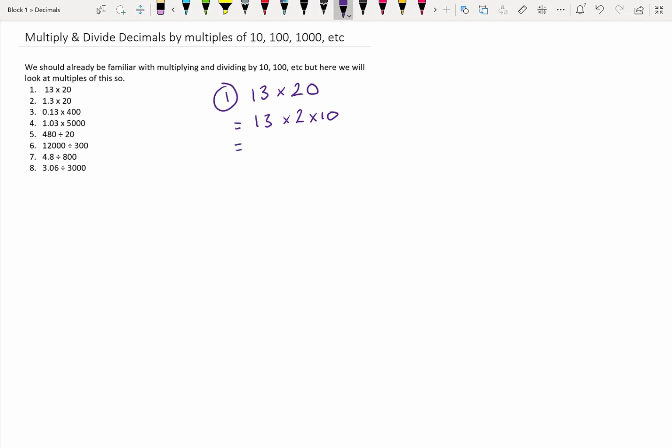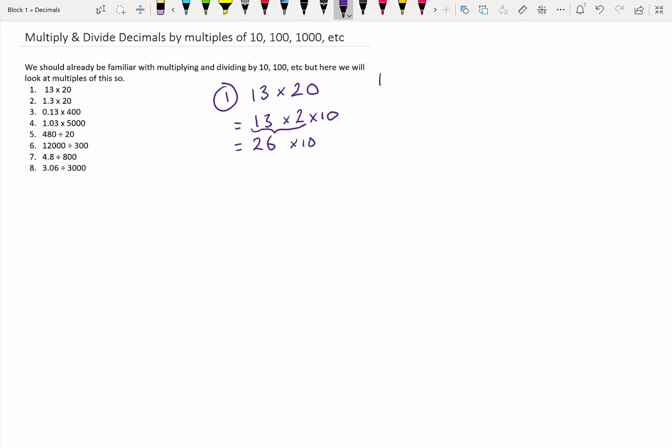The only reason I'm doing this is because I can double something, multiply it by 2, without too much bother. So 2 lots of 13 is 26, and I've done this first bit. My 13 times 2, I still need to multiply it by 10. Hopefully we remember our multiplying by 10s, 100s, 1000s.